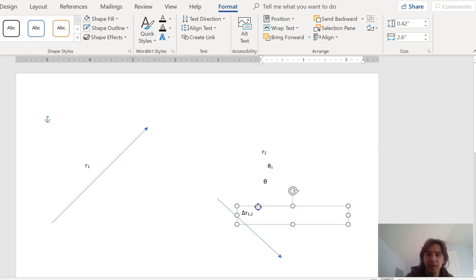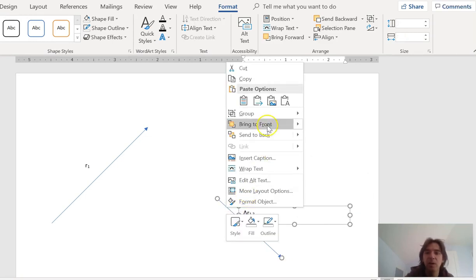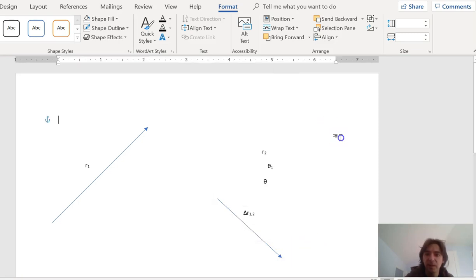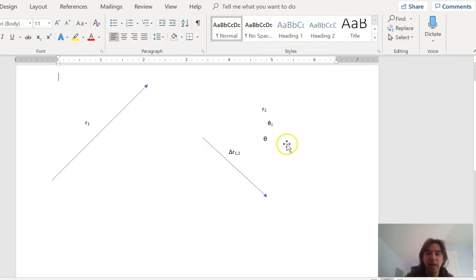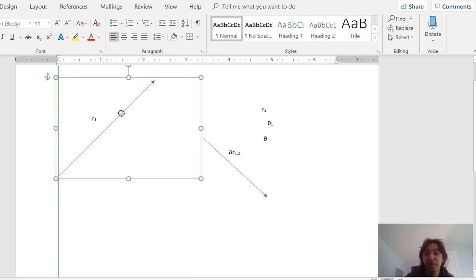And then we're going to grab this. That is our delta R1,2, so our change in position from time 1 to time 2. And this lets us ask our question: where is it going to be at time 2? So that's a vector addition problem.